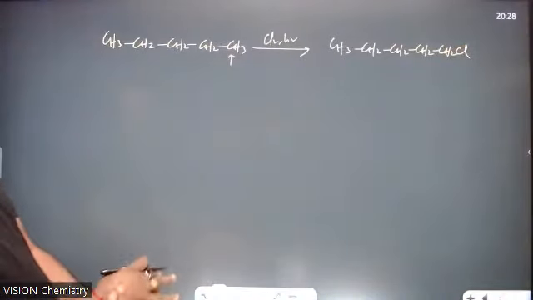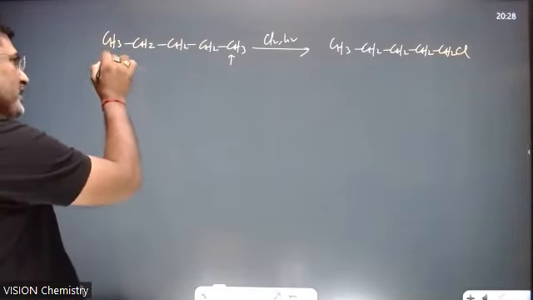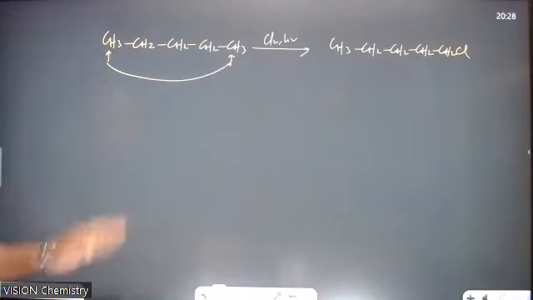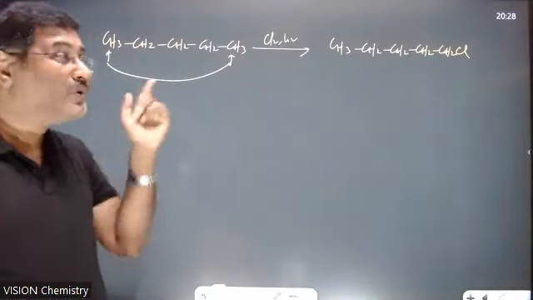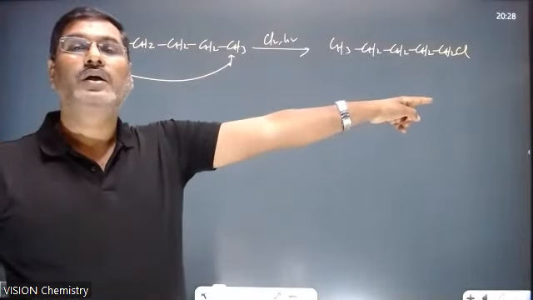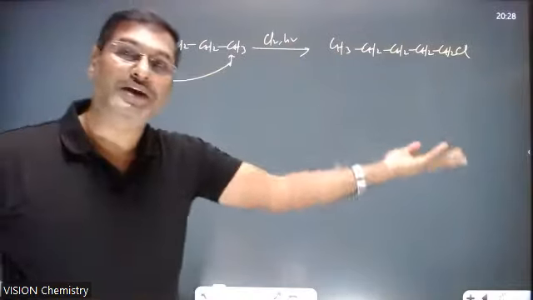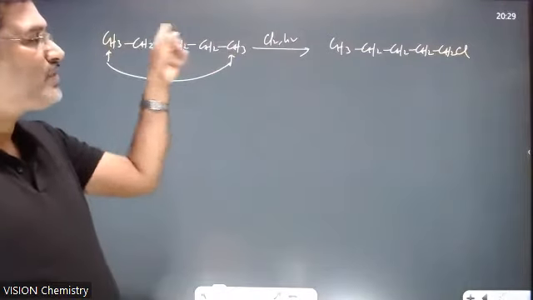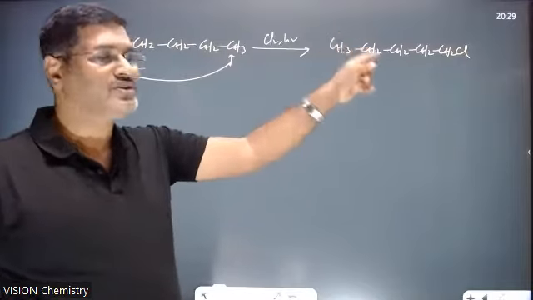How many hydrogens are responsible for this one? 6, because if the reaction takes place here, then also the same. Both are the same. Why same? Because reaction here and there give the same product. We say all these 6 primary hydrogens are equivalent because they are giving the same product.